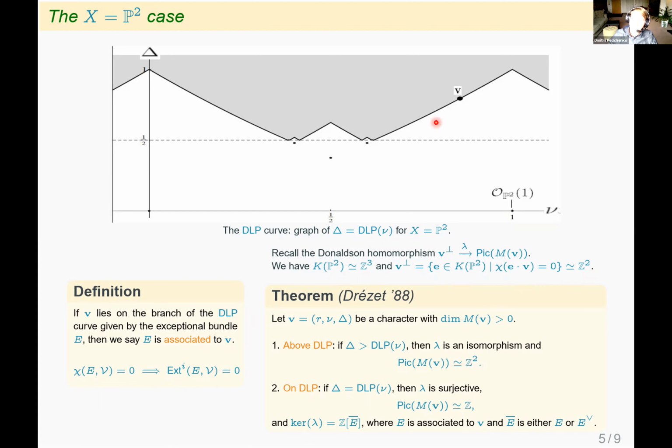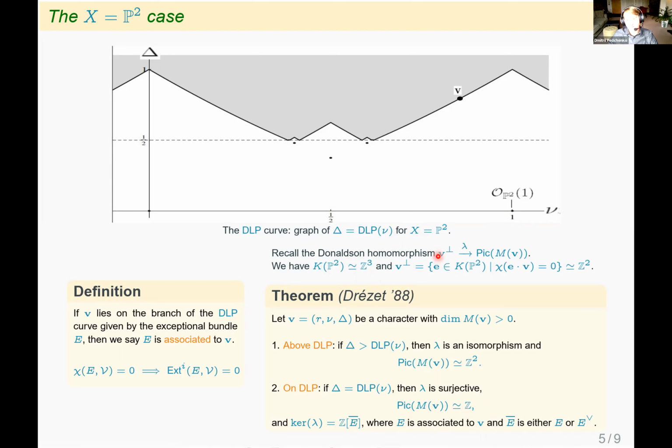On the other hand, when the character happens to lie on the Dmitrii-Lapotier curve, then as we discussed, we will have an associated exceptional bundle. And as I just told you, it naturally, or rather its dual, lies in the kernel of the Donaldson homomorphism. And then there is all there is in this case. So to see that the Picard group must be Z in this case, you can argue like this.